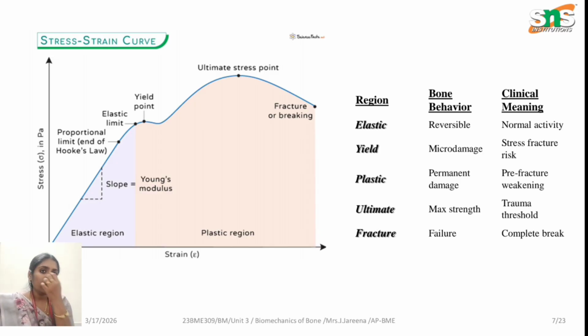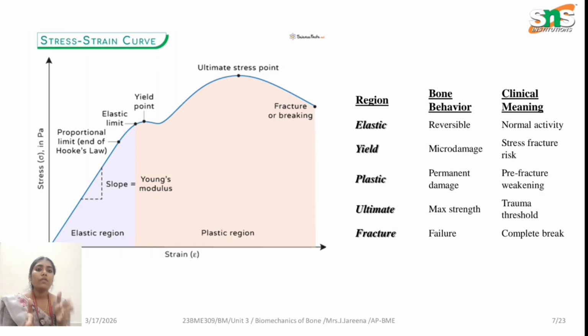In the elastic region your bone behaves with more toughness, and in the plastic region your bone behaves with more stiffness. Then it has an extreme point, the ultimate stress point, which is the maximum strength the bone can take before it breaks. That is the ultimate point of the plastic region.